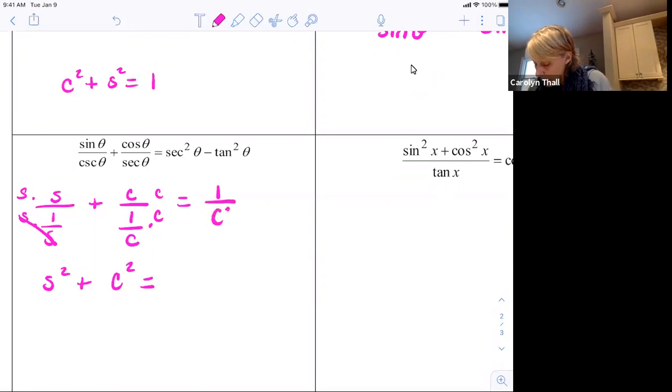1 over cosine squared minus sine squared over cosine squared. And if I combine these two fractions together, I have 1 minus sine squared over cosine squared. I feel like I messed up.